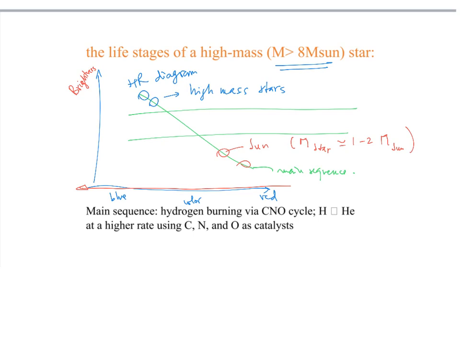Remember we said the low mass stars do not have enough gravity to be able to fuse elements heavier than helium, right? So they do produce some carbon, but that is about it. The fusion process stops there.